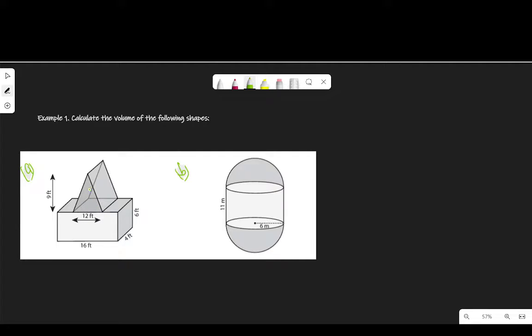So you calculate the volume of the prism on top, calculate the volume of the prism below, add up the two to give us the volume of this compound shape.